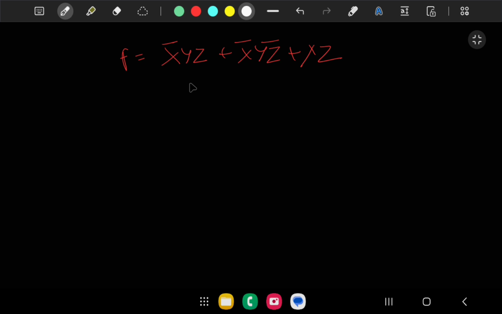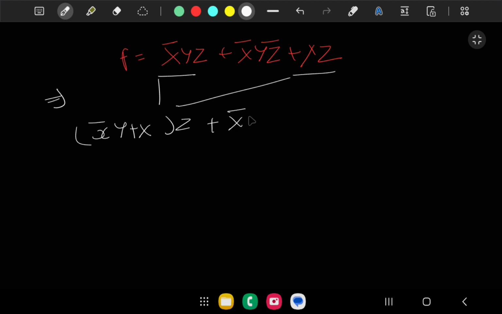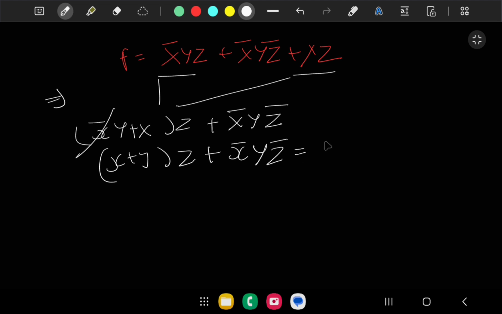Now let's see what you can do. From this and this, let's take z common: x bar y plus x z, plus x bar y z bar. x plus x bar y, you can remove this thing, you'll get x plus y z plus x bar y z bar, and on solving again, xz plus yz plus x bar y z bar.